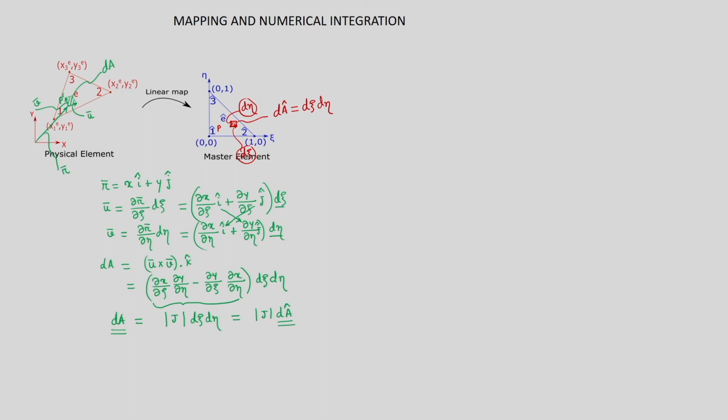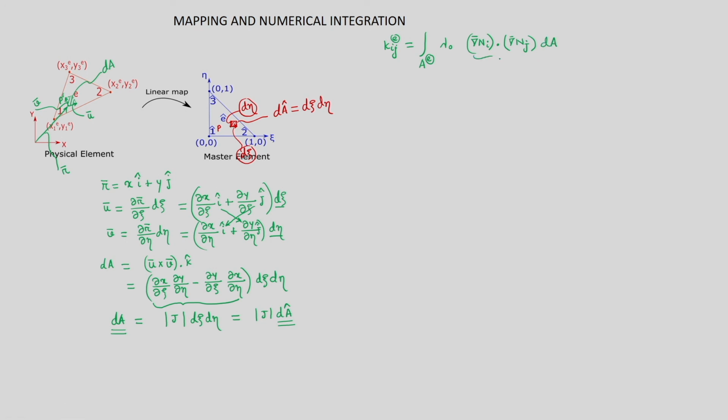Let us go ahead and put this entity. So let us say Kij at element E is basically the integration over our element E of lambda 0 into gradient of Ni dot gradient of Nj into dA.